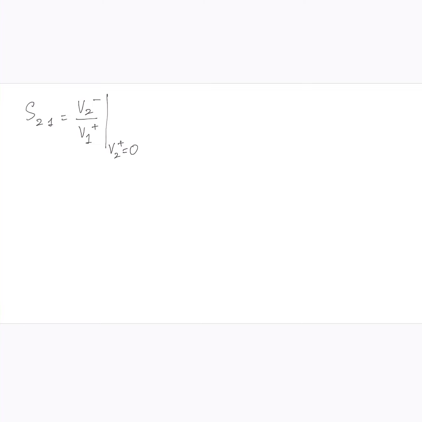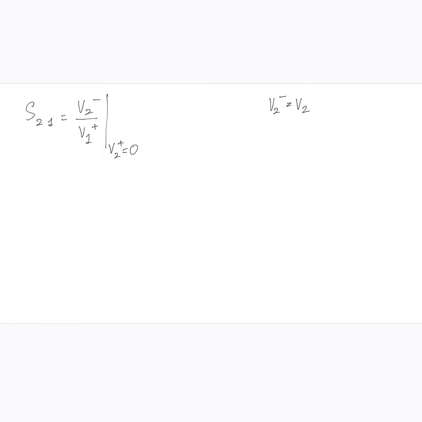Now when you consider the two-port network, as the impedance is equal to the characteristic impedance, there will not be any wave reflected back, so V2 can be written as V2 plus plus V2 minus, and there will be no wave reflected back, so V2 minus is equal to V2.